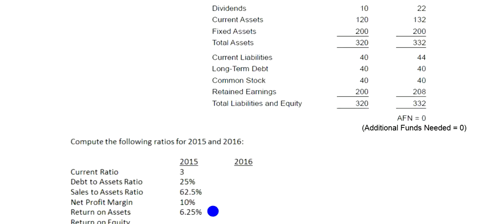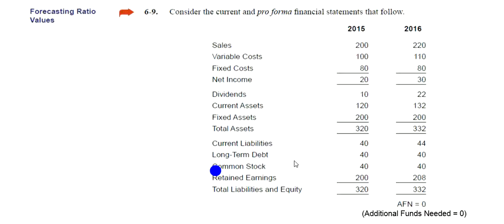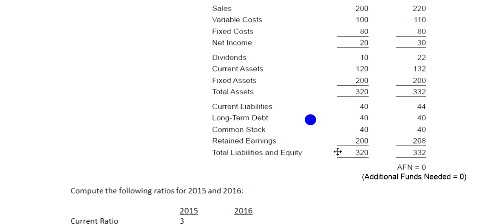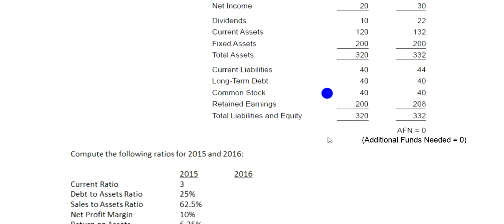So it's net income, which is again 20, over common stockholders' equity, which is going to be common stock plus retained earnings, I believe.